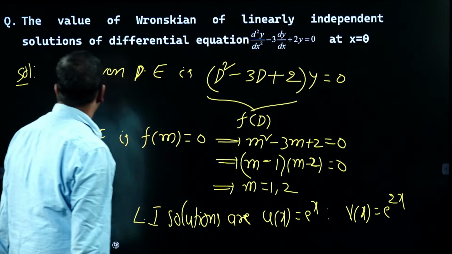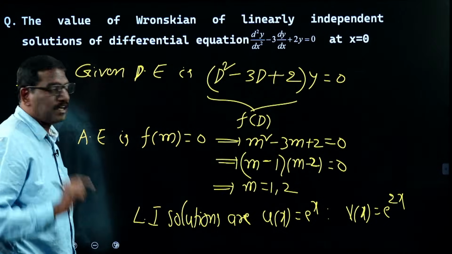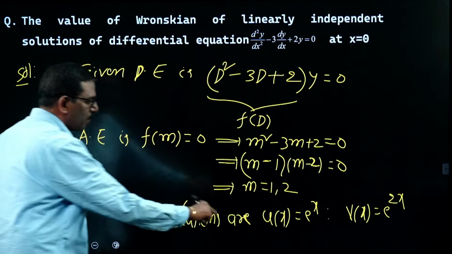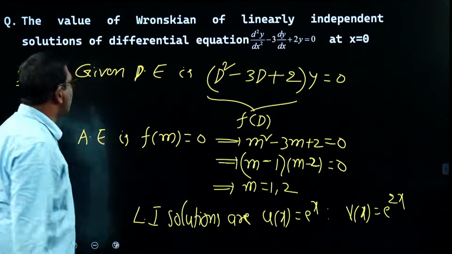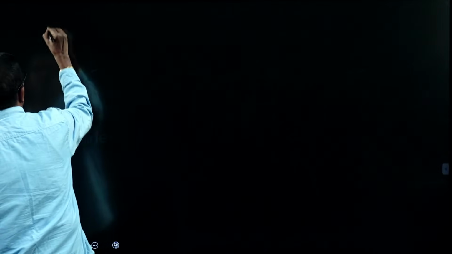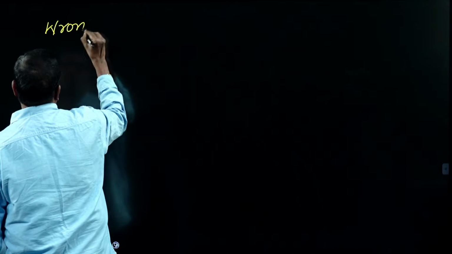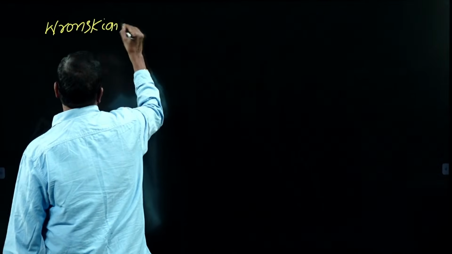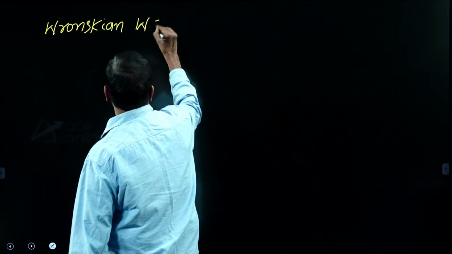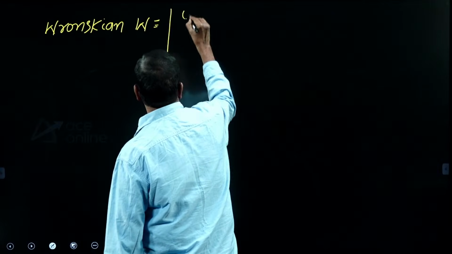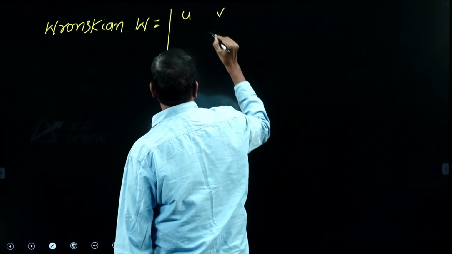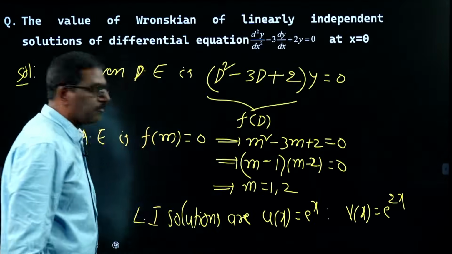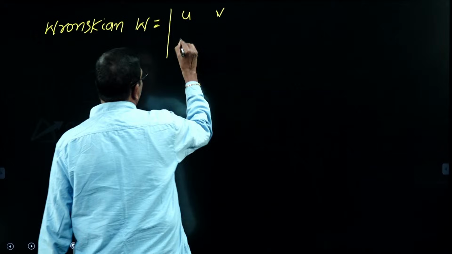Now, what are we asking? The Wronskian of linearly independent solutions. So, for these linearly independent solutions, what is the Wronskian? The Wronskian W is equal to the determinant of u, v, u dash, v dash.